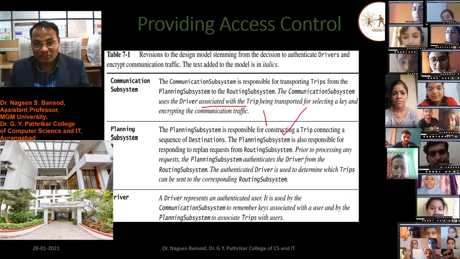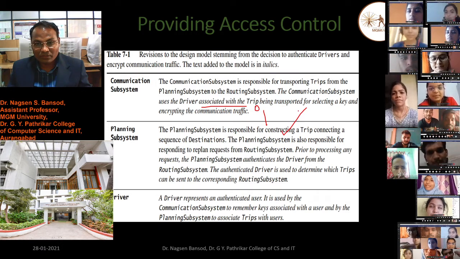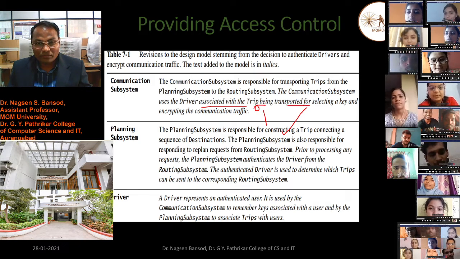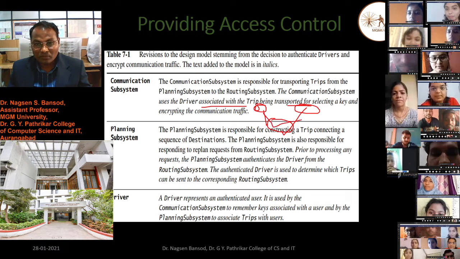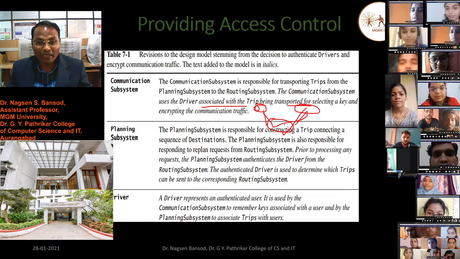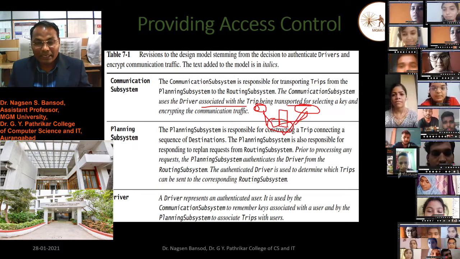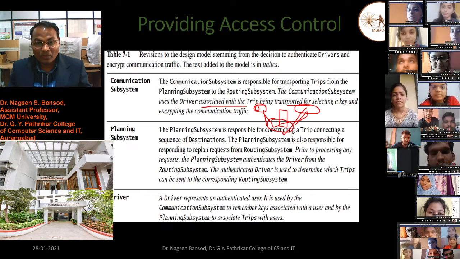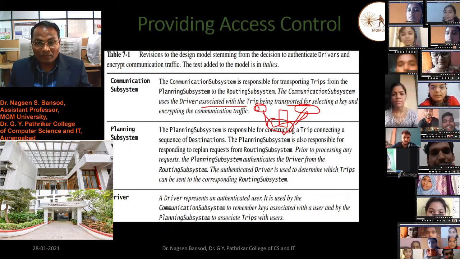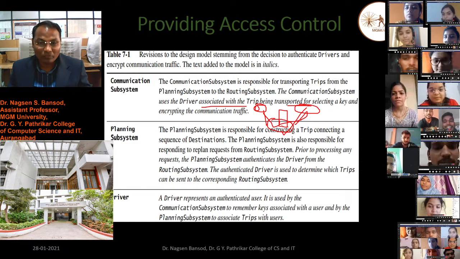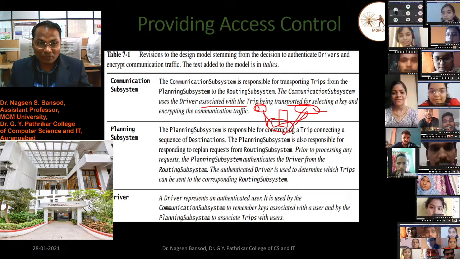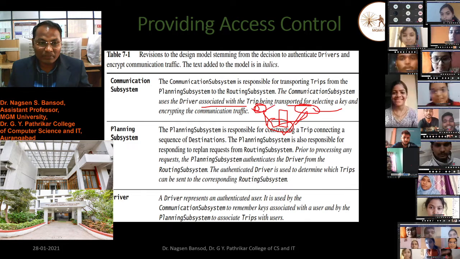We have seen the communication subsystem, routing subsystem, and planning subsystem. But there is a file here at the communication subsystem, in which the transportation data is stored in an encrypted format that is only understood by the planning subsystem and the routing subsystem.